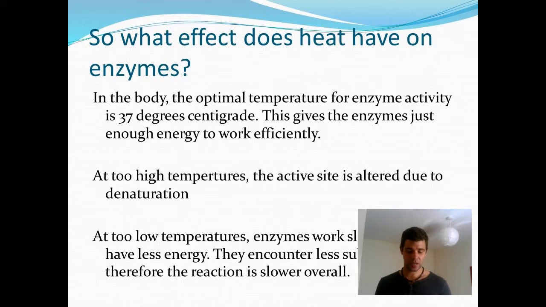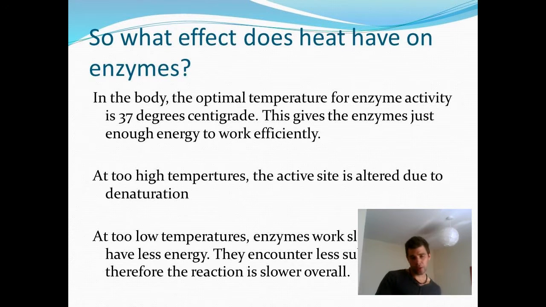Denaturation is a process by which the 3D structure of the enzyme, the actual proteins and polypeptides themselves, become deformed. If they become deformed, the active site in the enzyme will not fit the substrate. If the substrate does not fit into the active site, that substrate cannot be broken down, it cannot be hydrolyzed, and the enzyme will not be able to increase the rate of that chemical reaction.